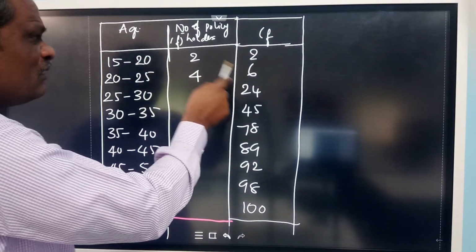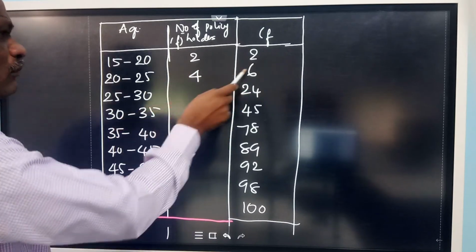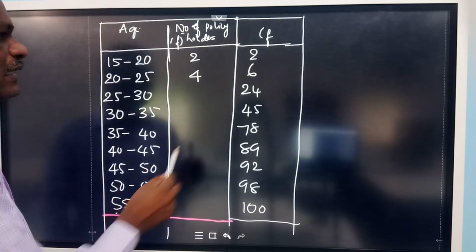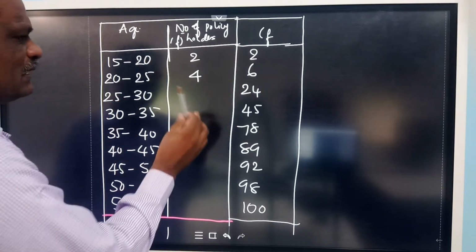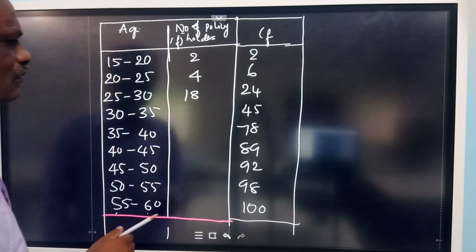Then 24 minus 6 gives you the people in this age group: 18.